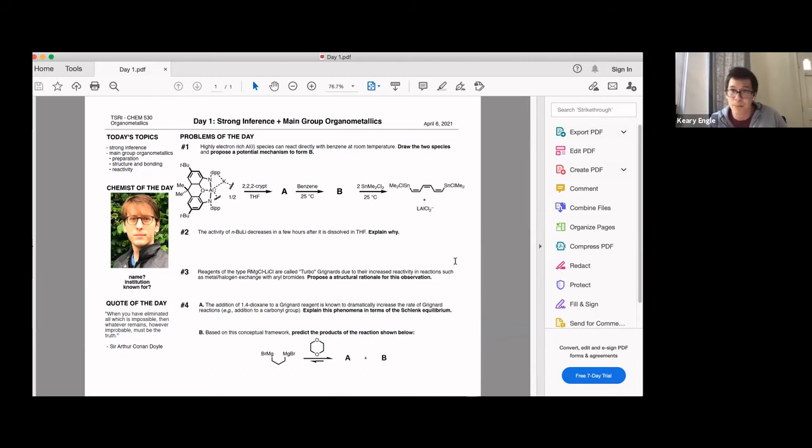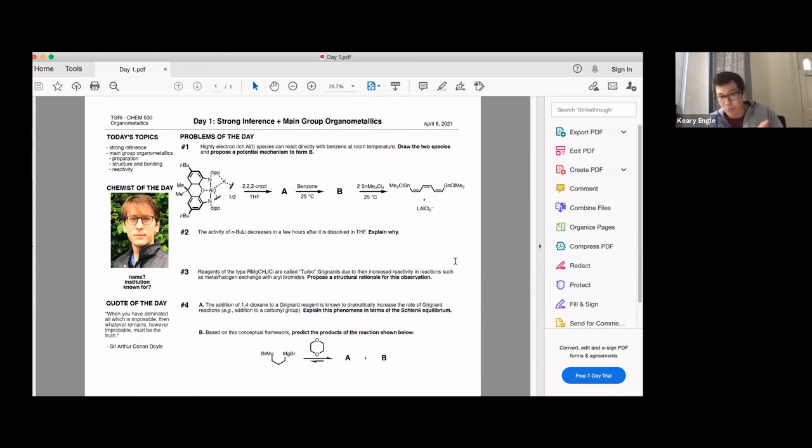And then problem of the day number 4 is a two-parter, but both related to the same idea. So the first is that part A is the addition of 1,4-dioxane to Grignard reagents is known to dramatically increase the rate of Grignard addition reactions, for example, to carbonyls. Explain this phenomenon, thinking back to what we just covered in terms of the Schlenk equilibrium, and then based on the answer to part A, try to predict the products of the reaction shown before, where we take this di-Grignard and then react it with dioxane.